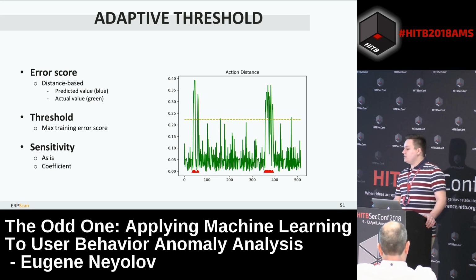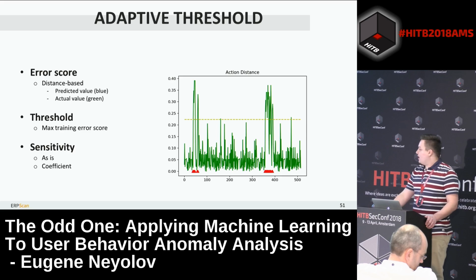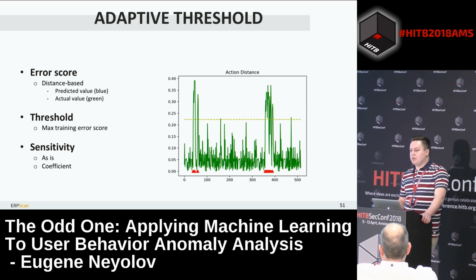The problem with this is that if you don't have anomalies, you'll still report the top 5 results, which are just less normal than others. So in our case, we have an adaptive threshold. The way we get it is that during the training and validation, we learn from the data, and then we try to predict the same data set again.